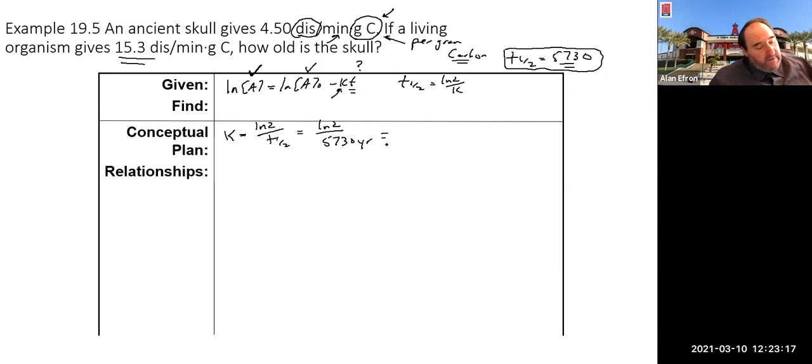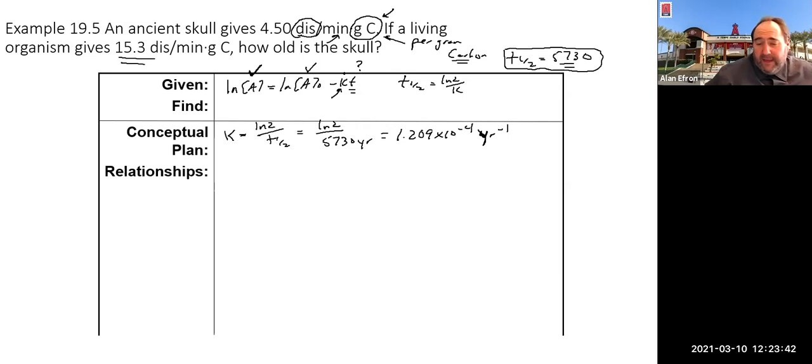Again, years are the units there. That's going to give us something like 1.209 times 10 to the minus 4 reciprocal years. Any questions on that one there?